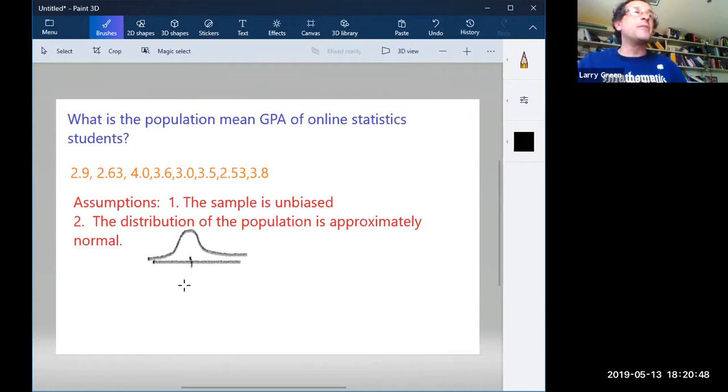But if we had a large sample that was unbiased, and you did a histogram and it looked normal, then it's likely but not absolute that the population was also approximately normal. Okay, if you have a small sample, you have no idea.